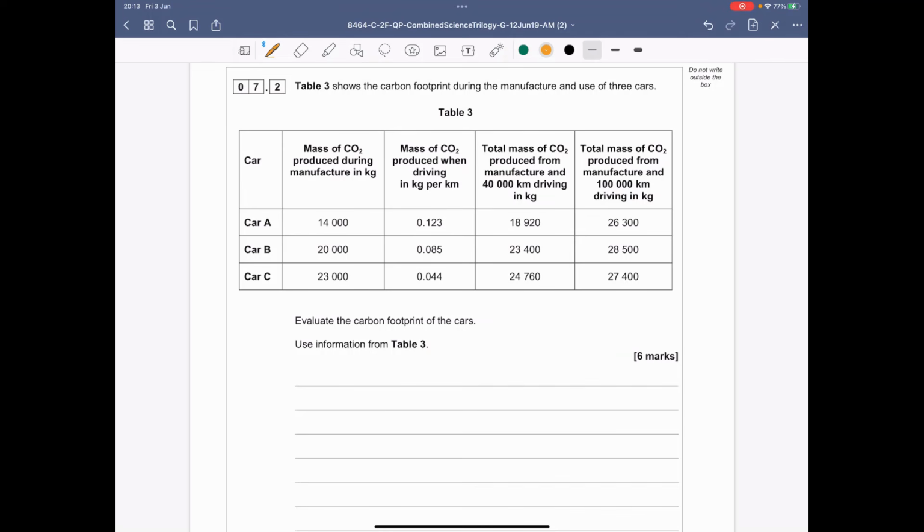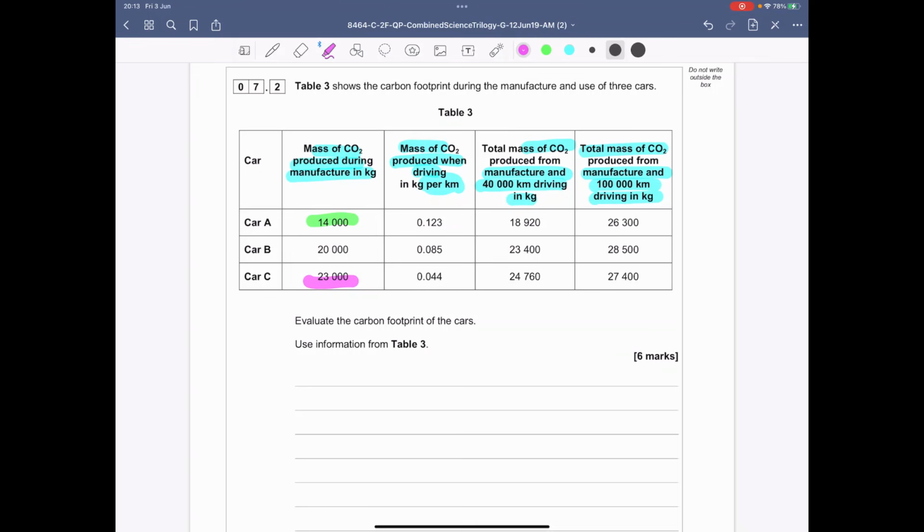So if we have a look at the information they've given us: the mass of CO2 during the manufacture, the mass of CO2 produced when driving per kilometre, the mass of CO2 produced from manufacture and 40 kilometres of driving, and the total mass of CO2 from manufacture and 100 kilometres of driving. So initially, we can see straight away that car A has the lowest mass of CO2 just from making it, and car C has the most.